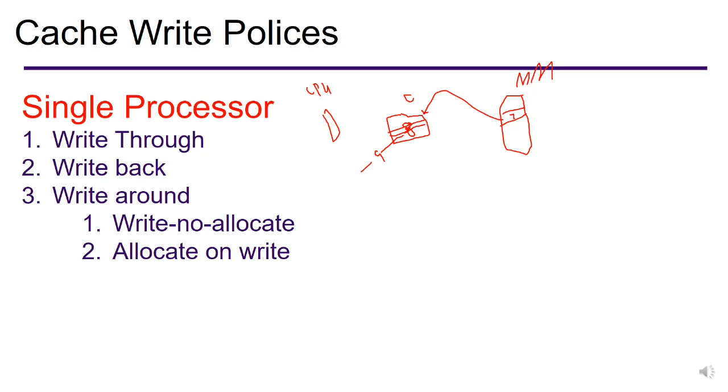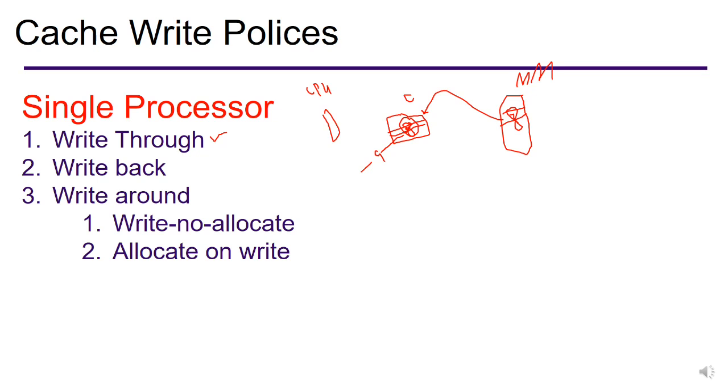So what does the processor do in write through policy? When the processor changes some value in the cache, it directly makes the changes in the main memory. Such a write policy, making changes in the cache as well as in the main memory at the same time, is called write through policy.